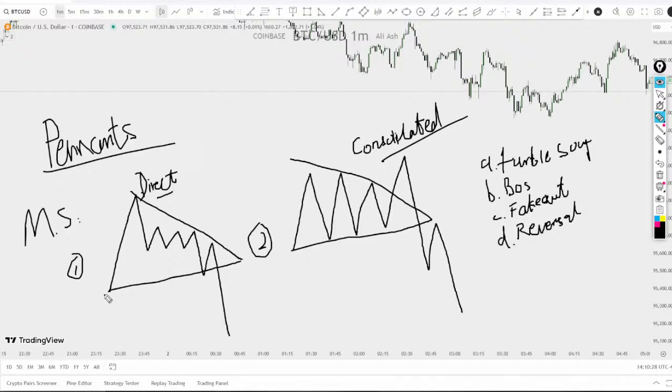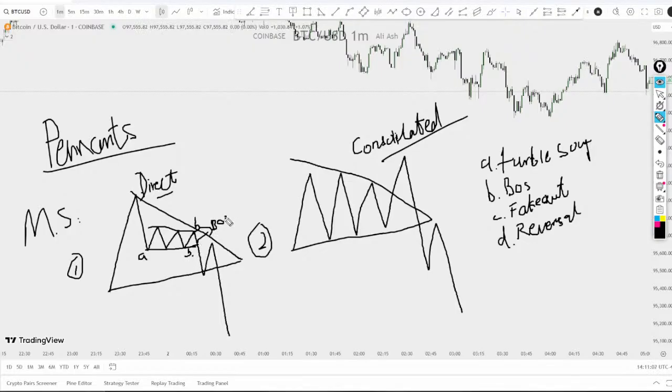So the turtle soup starts from A to B, and those who want to play it safe go into this consolidation part. Then these were gone, and now it comes to the break of structure.